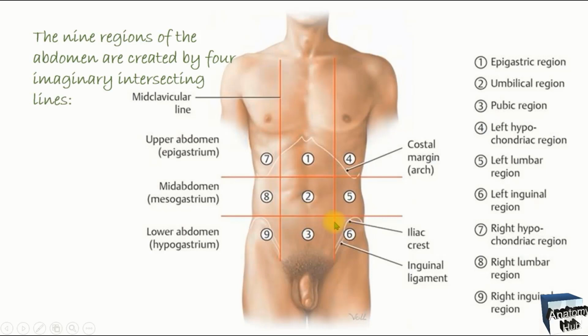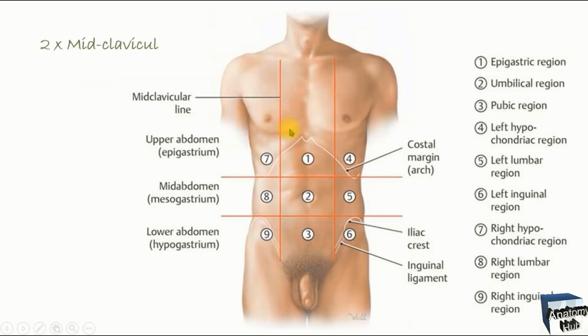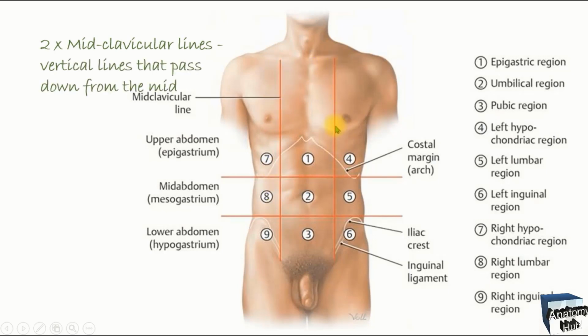We will draw another line, and here you will find another line that is the mid clavicular line that you can find over here, that descends vertically down and passes from the midpoint of the clavicle towards the inguinal point.